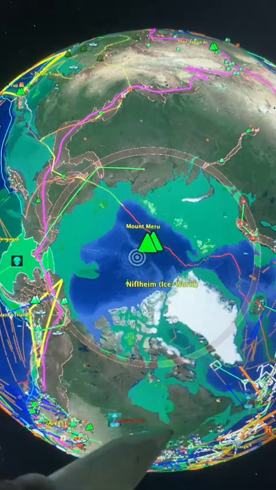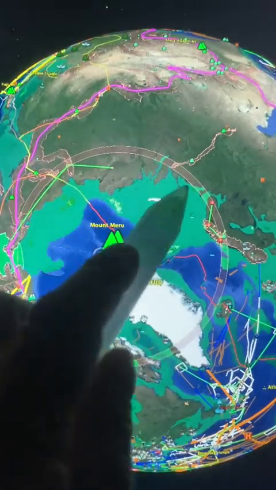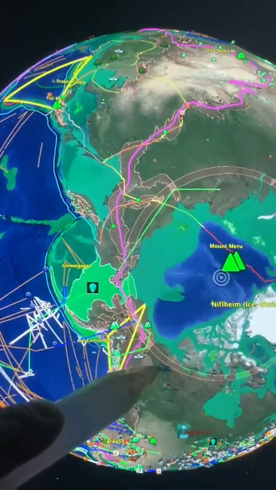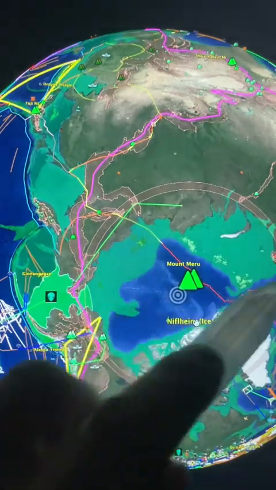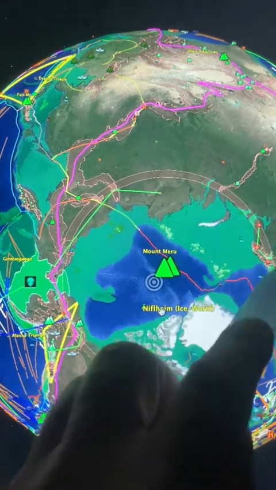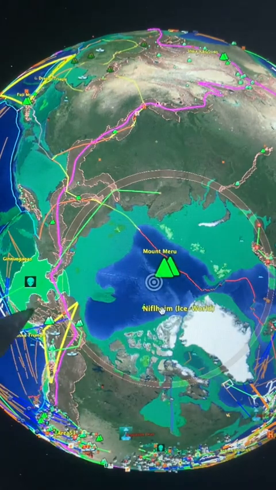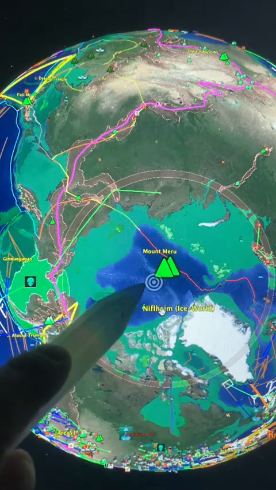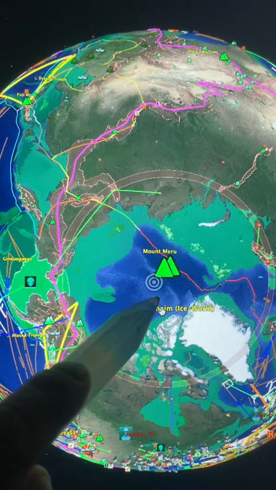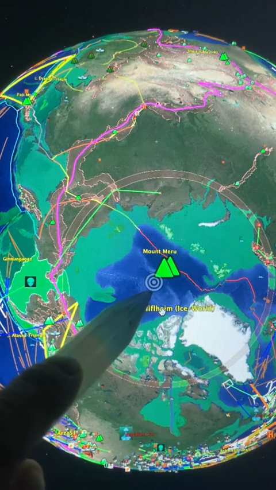Around the North Pole, if you look, there are the Russian alien bases. So you have on both sides, you can say on the east side you have alien bases, on the west side alien bases, and in the middle from the North Pole, you have Mount Meru as a symbol, one of the spiritual mountains, and access to the inner earth.